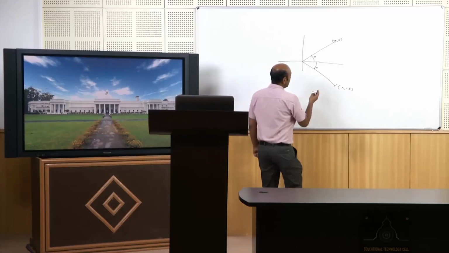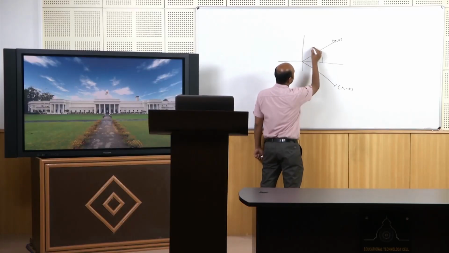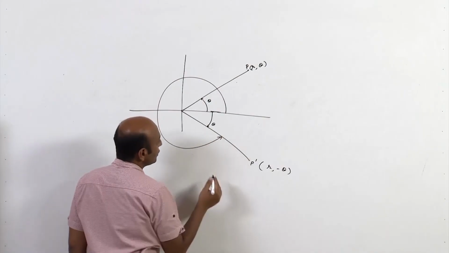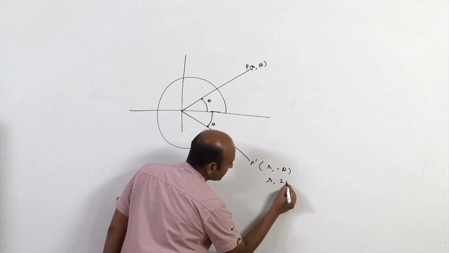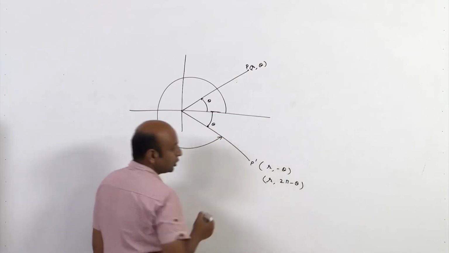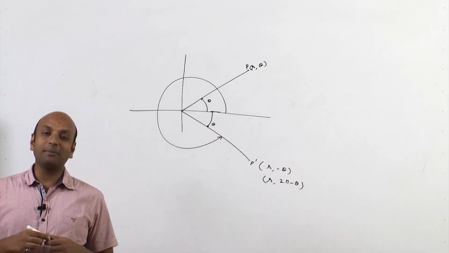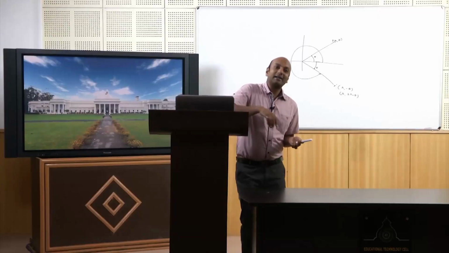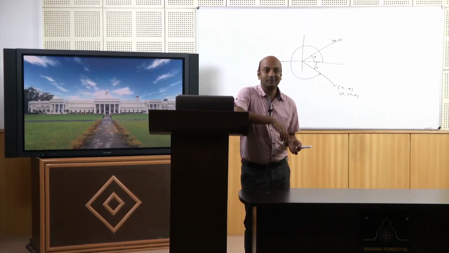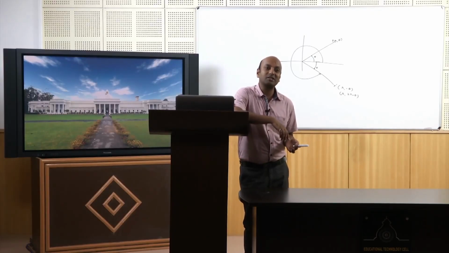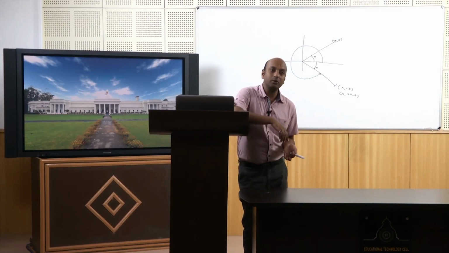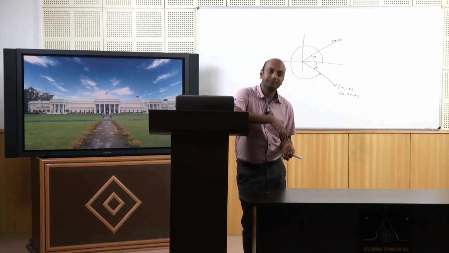Or at this point you can come from here also. So, this will be r comma 2 pi minus theta. So, we can also say that if we replace r by r and theta by 2 pi minus theta and there is no change in the equation, that means symmetrical about x axis.